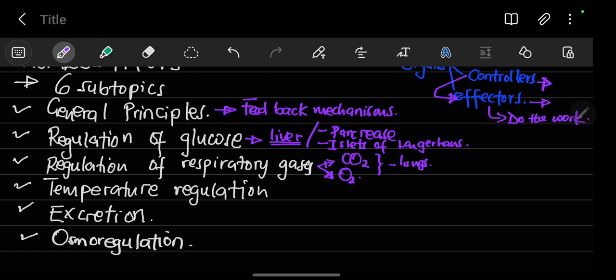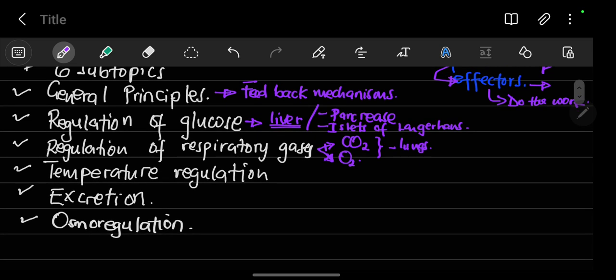Then when you move on to temperature regulation, there we shall talk about the skin, we talk about the hypothalamus, and many others. So there are very many organs. We shall see them.